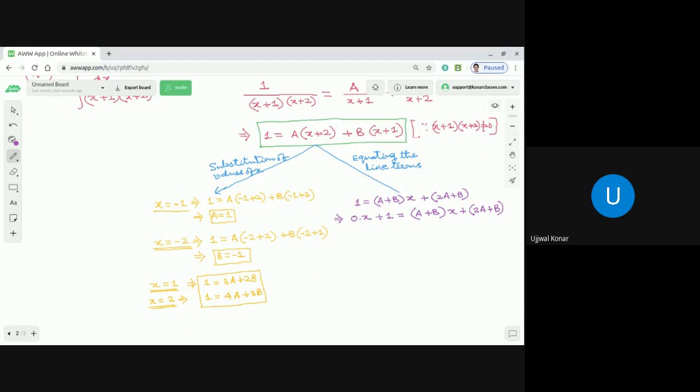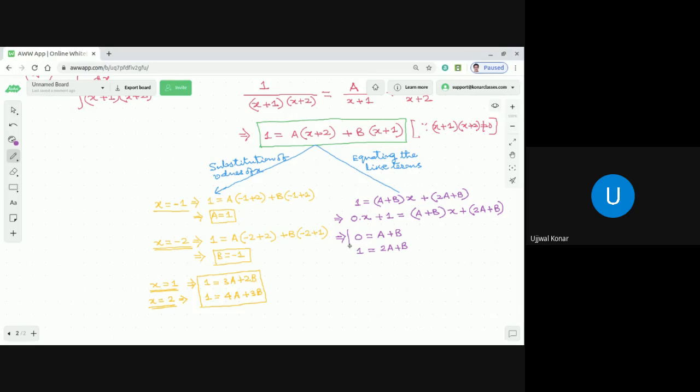So what can we conclude? The coefficient of x on the left-hand side is 0, and that should equal the coefficient of x on the right-hand side, that is a plus b. So a plus b equals 0. The constant term on the left-hand side is 1, and that should equal the constant term on the right-hand side, that is 2a plus b.